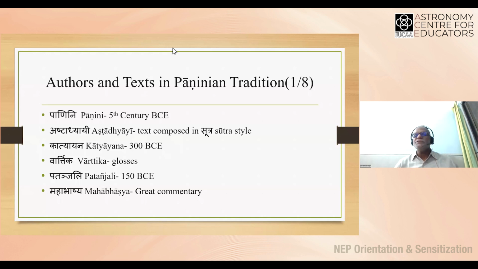Panini has evolved a system where the rule conflict resolution also happens. So Patanjali, of course, with Vartikas, was instrumental in giving a proper shape to all these discussions, how the rule conflict is resolved. There are two rules which operate.